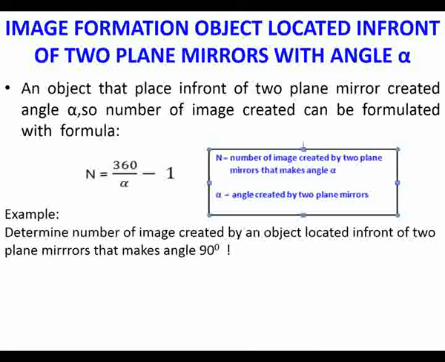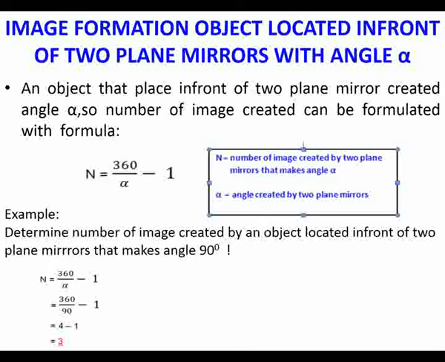Example: determine the number of images created by an object located in front of two plane mirrors that make an angle of 90 degrees. From the problem, we know that the angle between the two plane mirrors is 90 degrees.